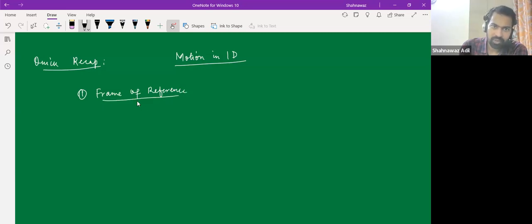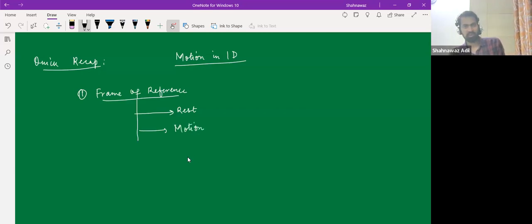And from frame of reference, we talked about rest and motion, right? Then we talked about the attributes of motion.